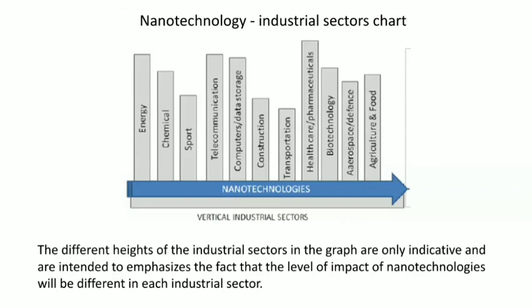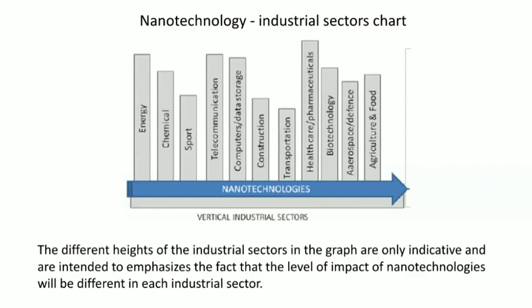For example, in the health and pharmaceuticals industry, nanotechnology has contributed very highly as compared to transportation. The energy sector and the computer sector have benefited more as compared to sport. This is the information you are getting from this chart.